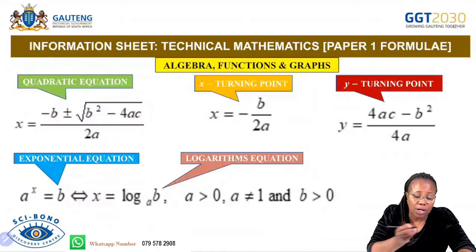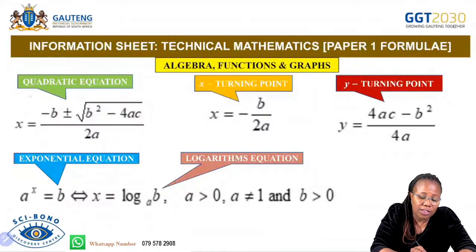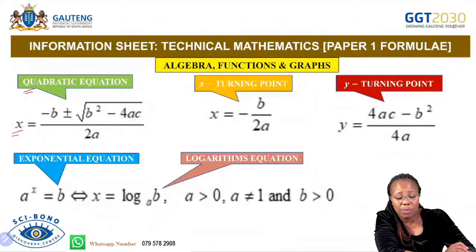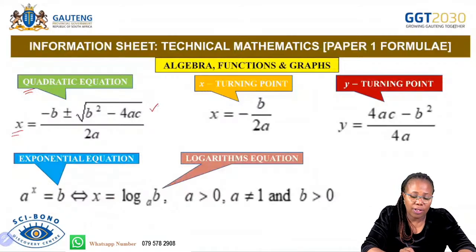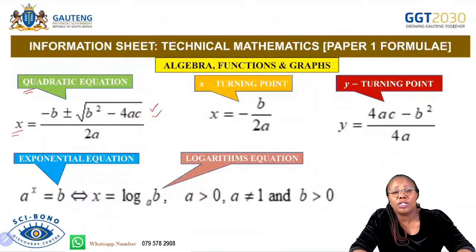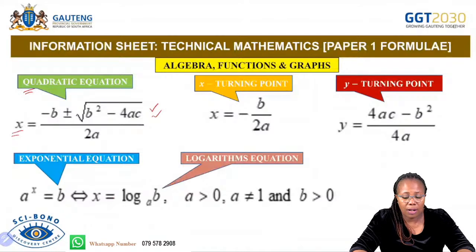The first formula is the quadratic formula: x equals minus b plus minus the square root of b squared minus 4ac, all over 2a. We mostly use this formula when factorizing a trinomial or a quadratic equation.